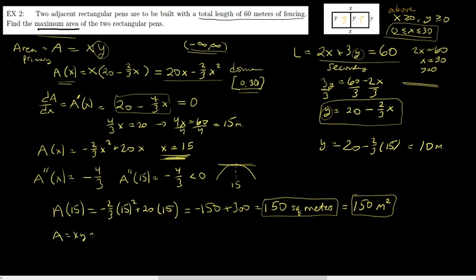Remember, area is just x times y, x being 15 and y being 10. We get the same answer of 150 square meters. Once you find x, you can find y using our secondary equation and then multiply x times y to get the total area.